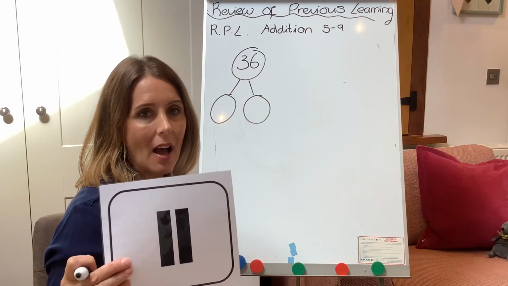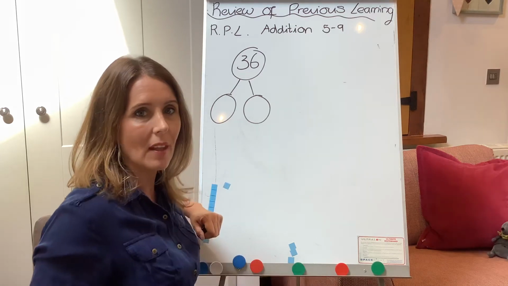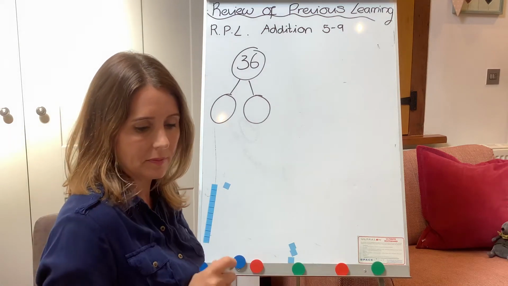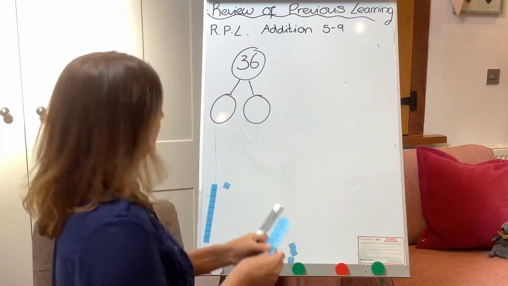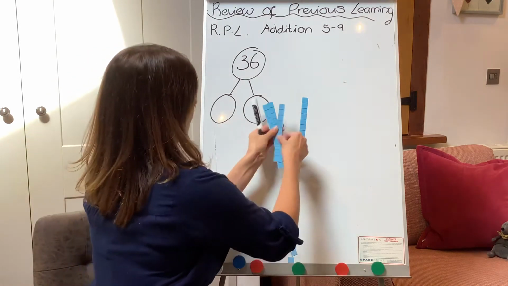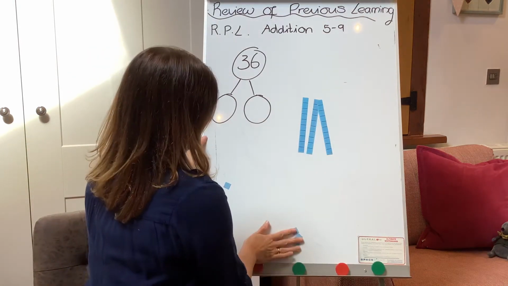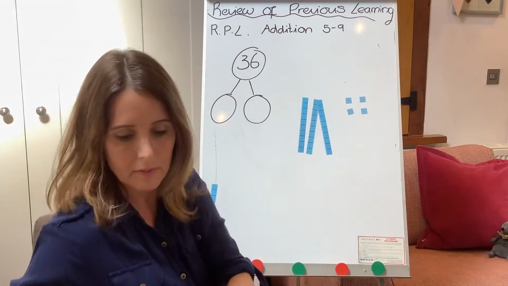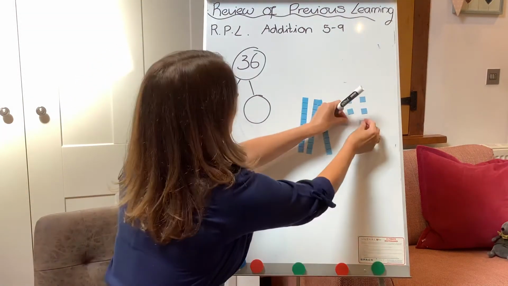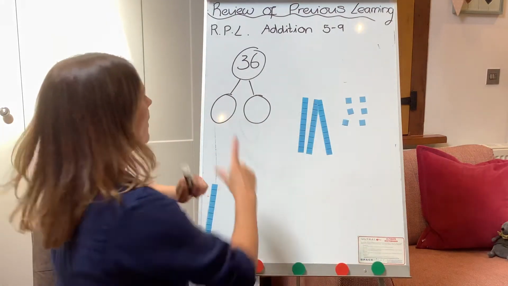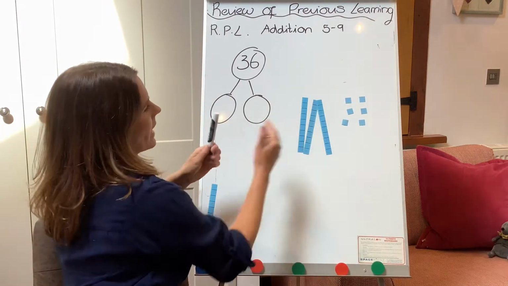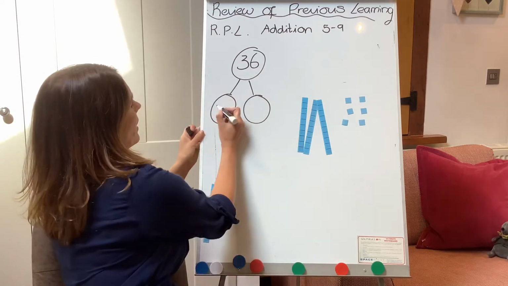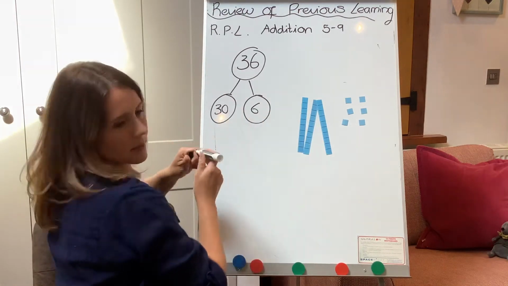Pause it, have a go. Okay, so we can have 36 as 3 tens and 6 ones, so we could have it as 30 and 6.